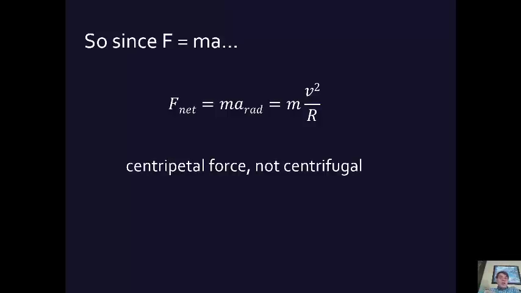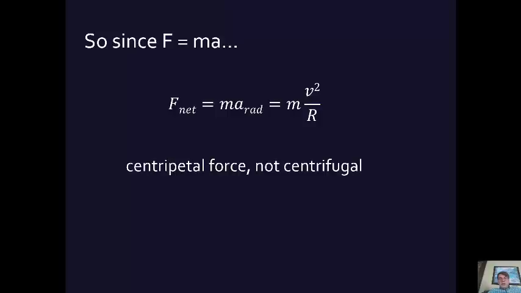A body in motion wants to stay in motion. And so if something's spinning around and you let go of it, you've not exerted a new force. You've just allowed it to continue on its current trajectory in motion. So we talk about centripetal force, which is the force that is inward, keeping something moving in a circle.